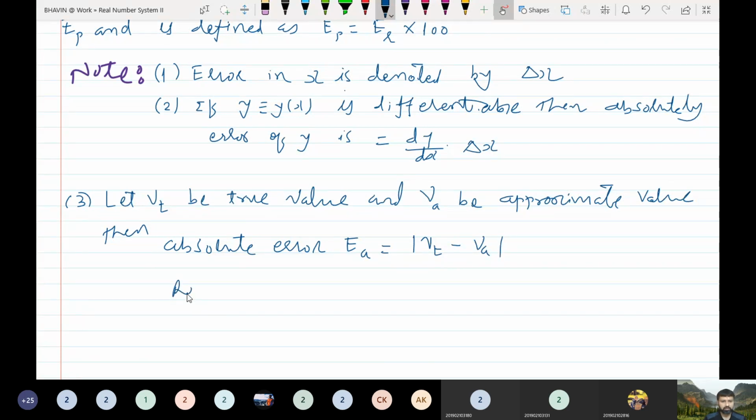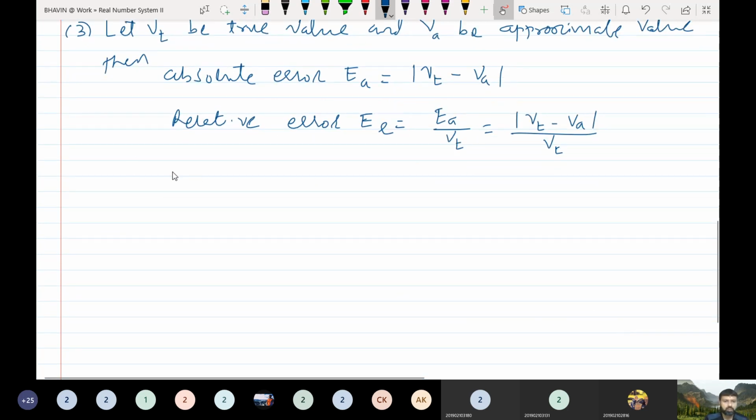Relative error Er is equal to Ea upon Vt, true value. So that is Vt minus Va upon Vt.